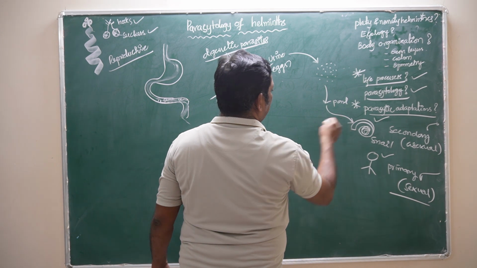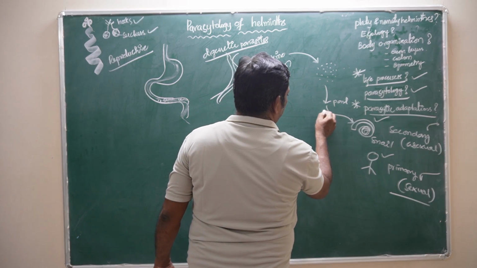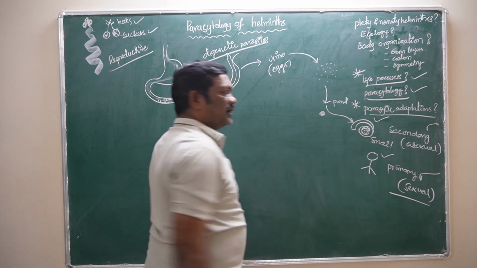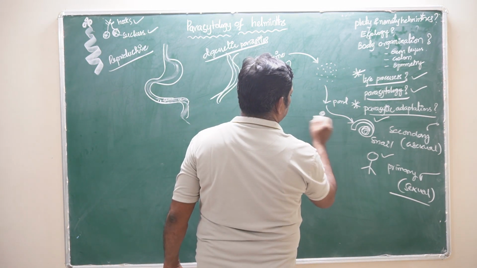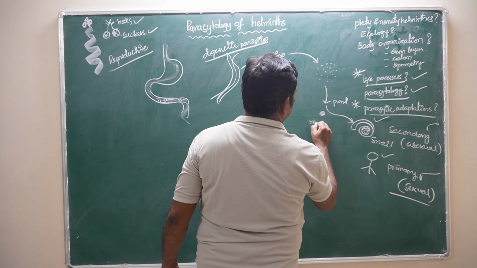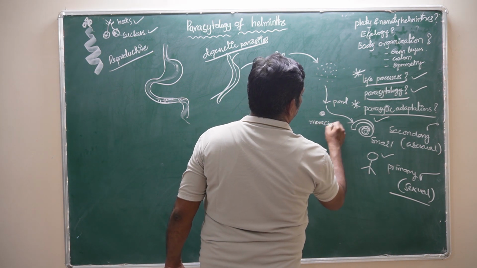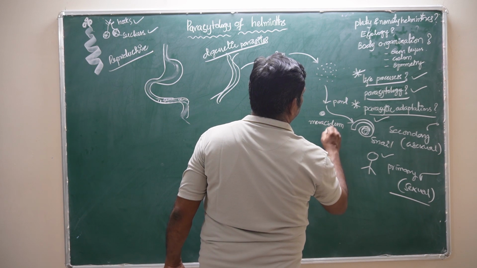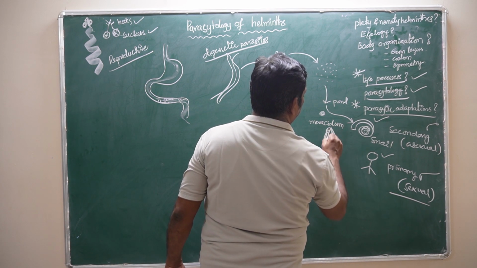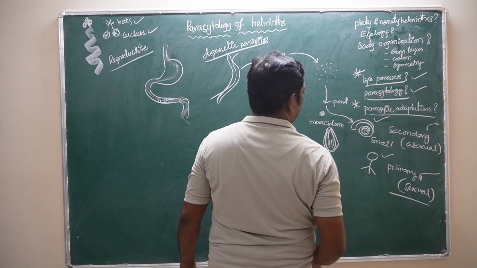At this time, the eggs undergo divisions, cleavages, and develop into a larva, the miracidium larva.